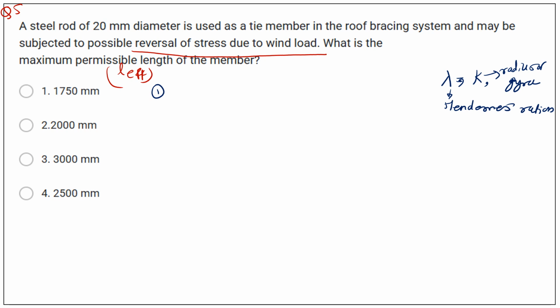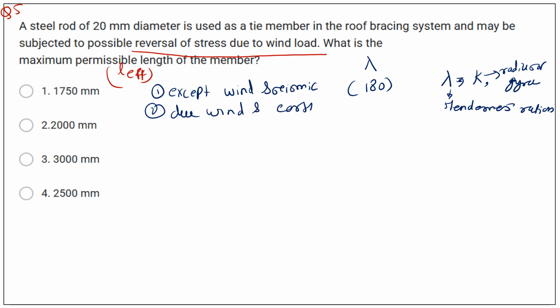In that, the first condition is due to reversal of loading except wind and seismic load, the value of the slenderness ratio is 180. Then second, due to wind and earthquake load, the value of slenderness ratio is 350. And the last one is if that member is permanently subjected to tension, then the value of lambda is 400.